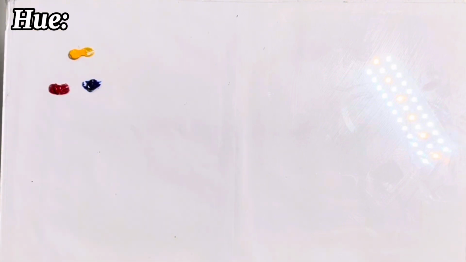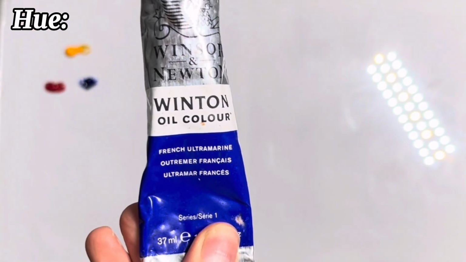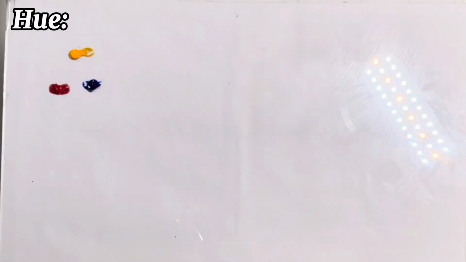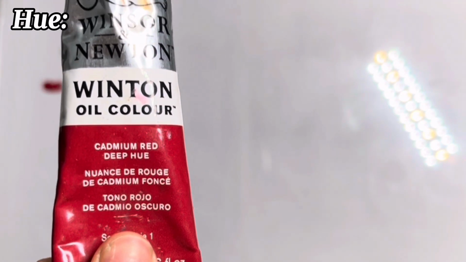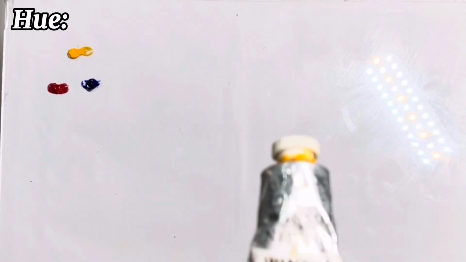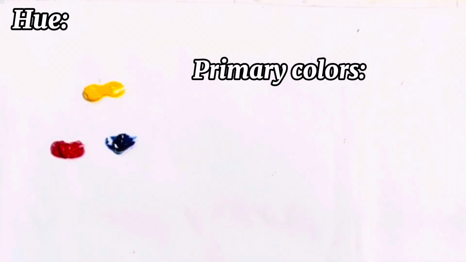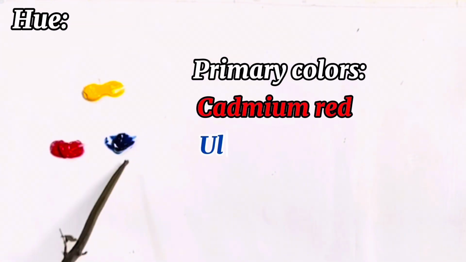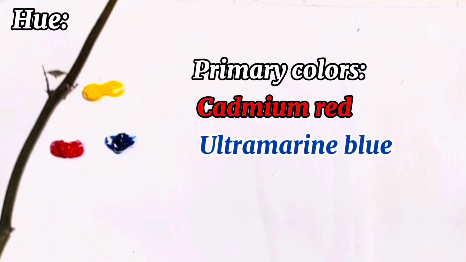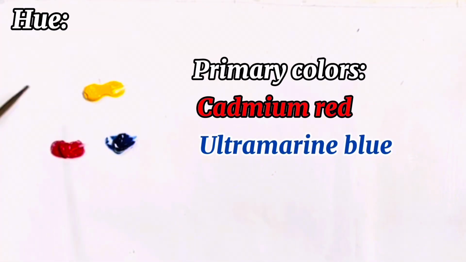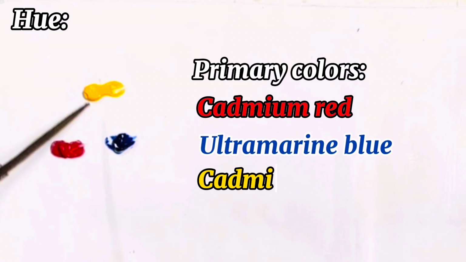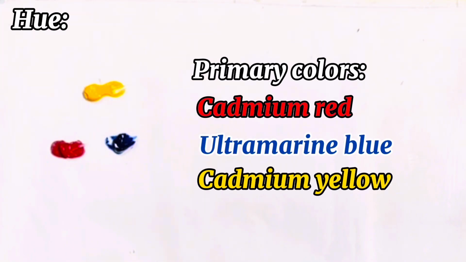In oil color, they are ultramarine blue, cadmium red, and cadmium yellow. Cadmium red is a primary red, ultramarine blue is a primary blue, and cadmium yellow is a primary yellow.